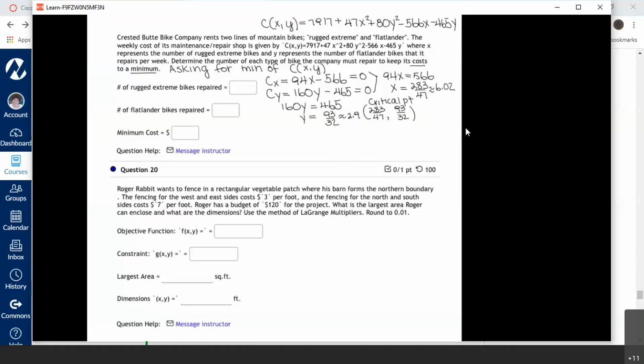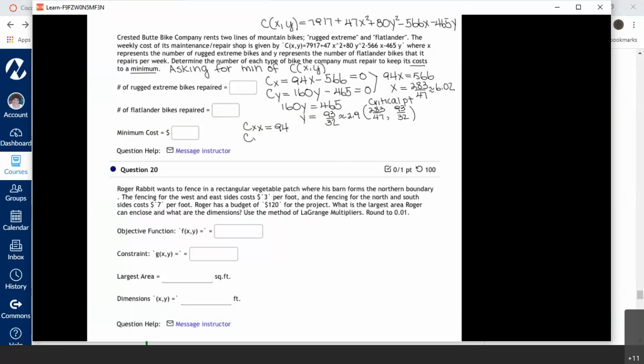But I still need to figure out whether this critical point gives rise to a max or a min. So what I need to do is find the second partials. These are going to be constants, because if I differentiate C of X one more time with respect to X, I lose the 566 and I get 94.